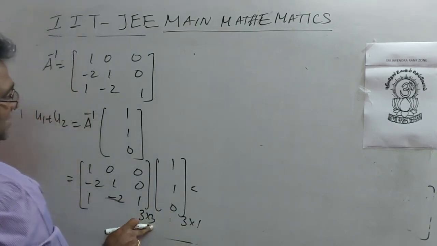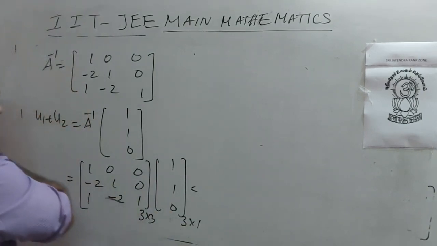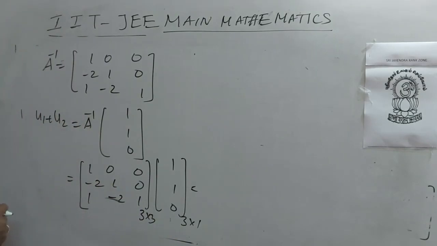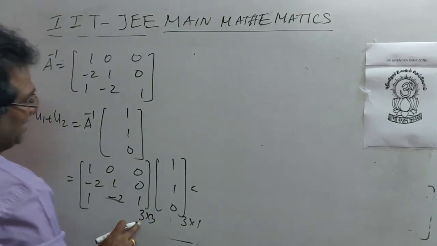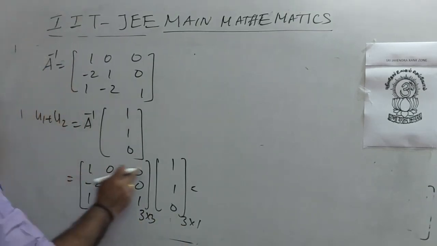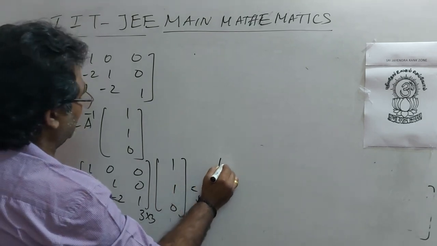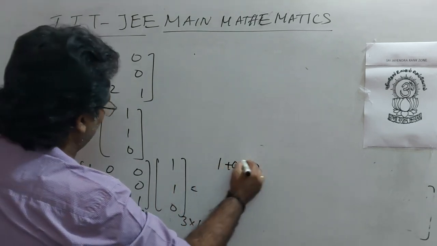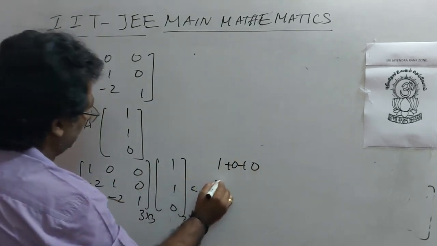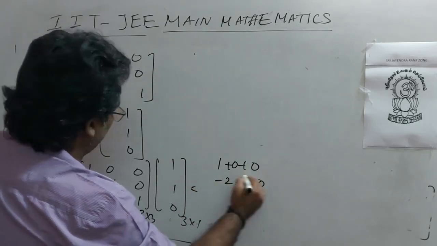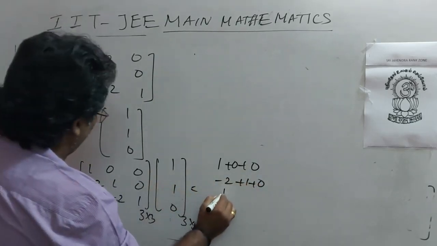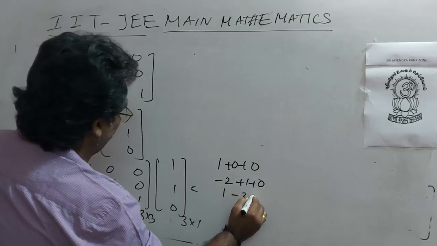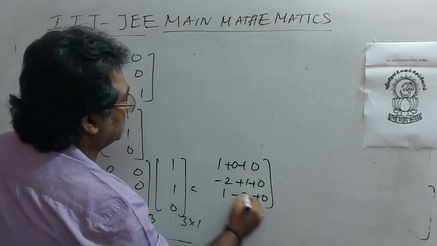So the number of columns is equal to the number of rows in the second matrix, so the matrix product is possible. So the answer will have 3 rows and 1 column. 1 into 1, 1 plus 0 plus 0. Minus 2 into 1, minus 2 plus 1 plus 0. 1 into 1, 1, minus 2 plus 0.